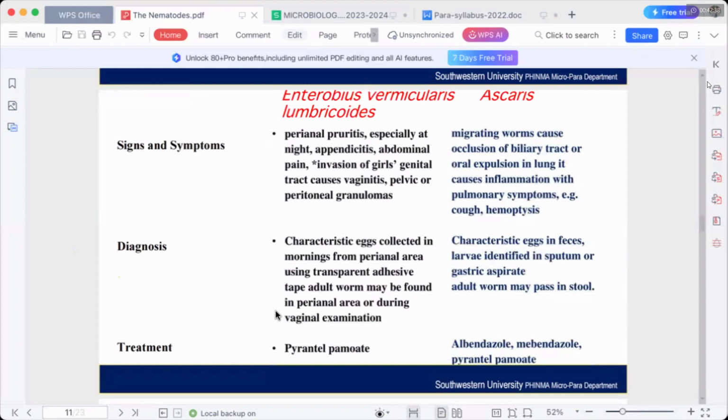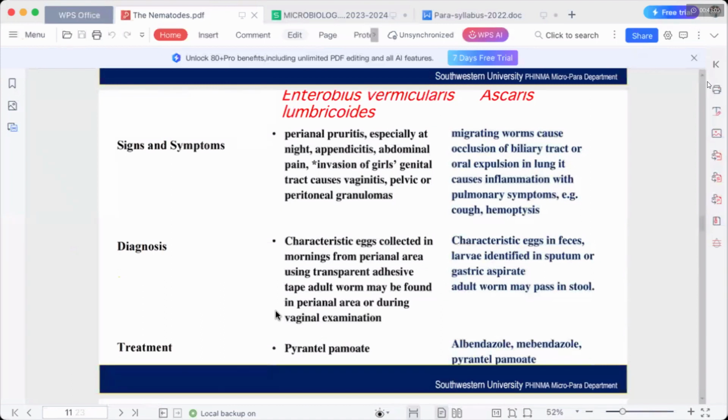As I've told you, they are migrating worms that can cause occlusion in the biliary tract, and they can travel through the lungs and the lymphatics to your circulation and everywhere else. So if they are in the lungs, some will complain of dyspnea.